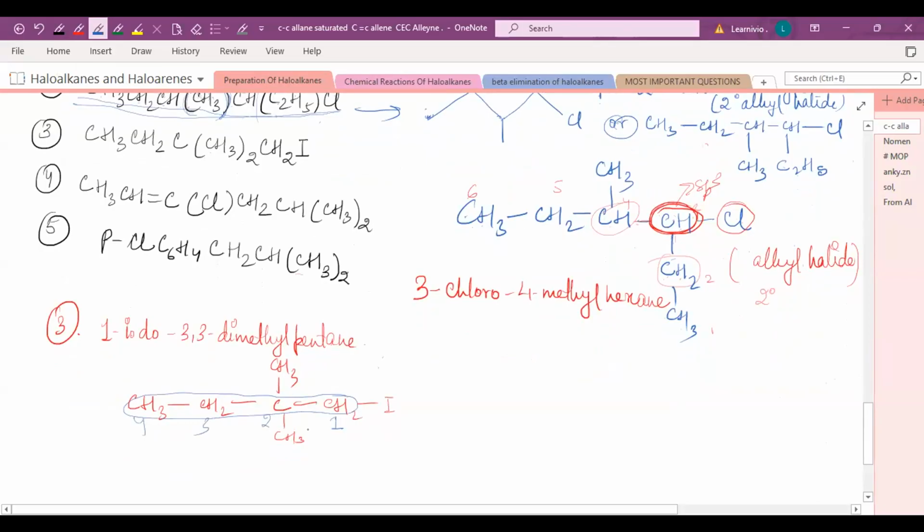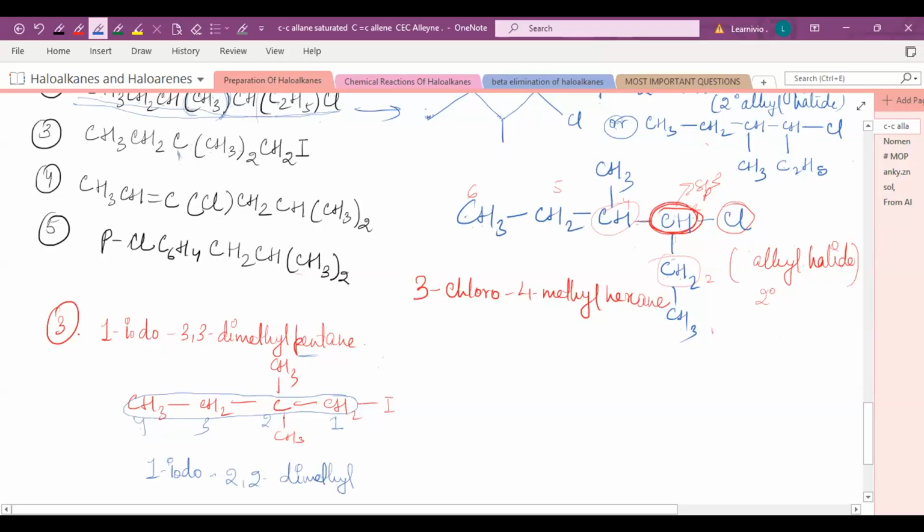Now what will be the name? So it's 1-iodo, 2,2, not 3,3, Anisa. 2,2-dimethyl, and there is a 4 carbon chain. It's not a 5 carbon chain. CH3 twice means on this carbon there are 2 substituents. 2 methyl groups are attached to this carbon, right?